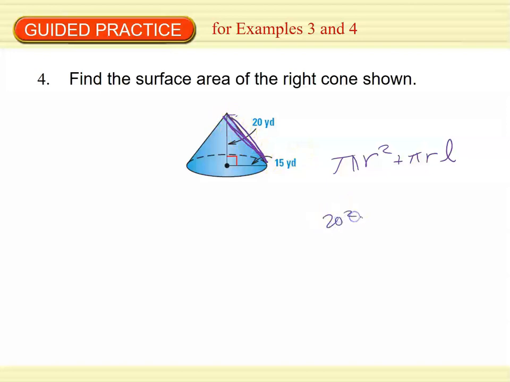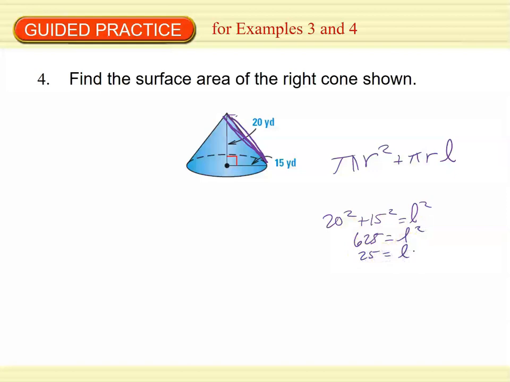So 20 squared plus 15 squared is going to give us our lateral height squared. So you may recognize that Pythagorean triple there. If not, that's okay. If you have, you already know the answer. But this is 625. And the square root of that is 25.